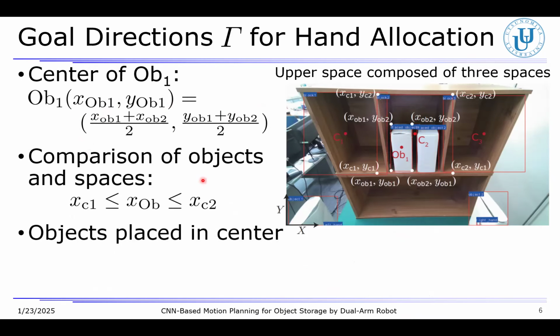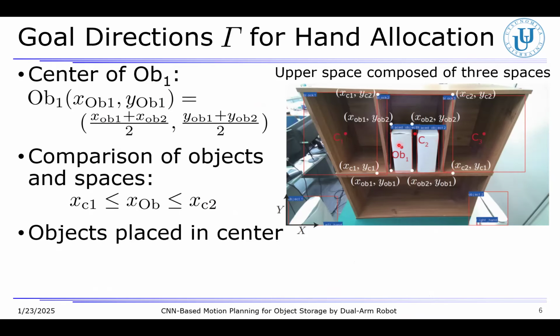So by comparing the objects and the spaces, the robot can see that the objects are placed in the center space. In other words, there are no objects placed in the right and left spaces. So these are the target spaces for object storage. In the same way, the center coordinates of the three spaces are calculated.